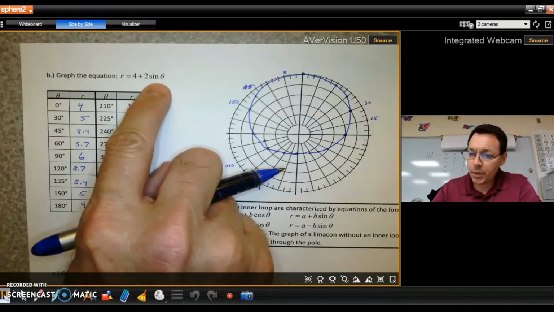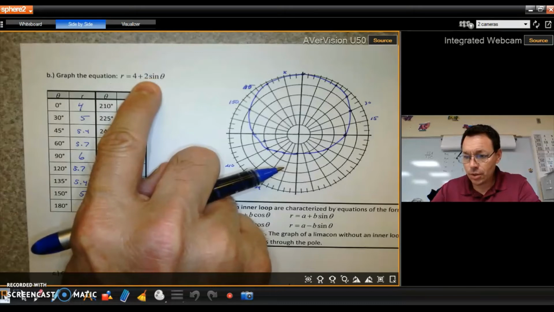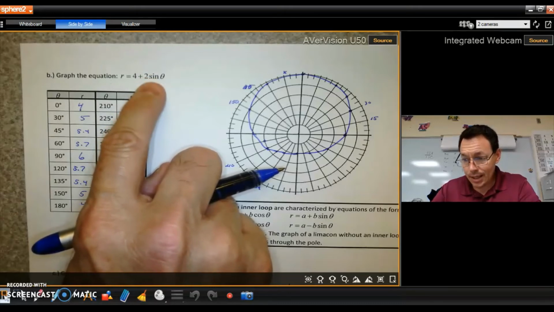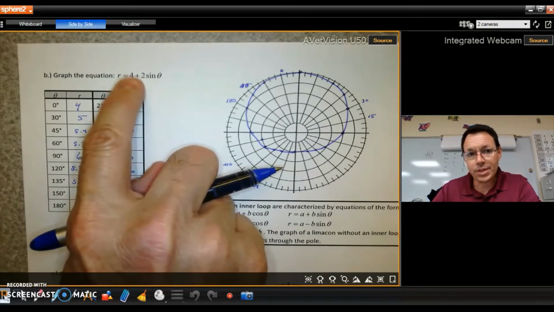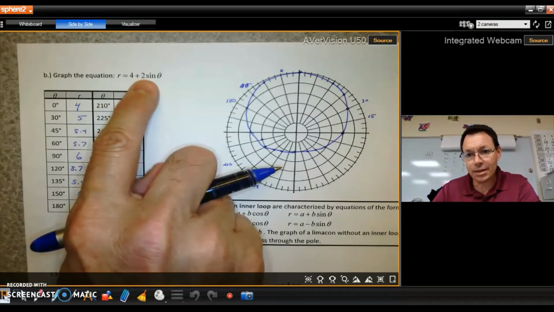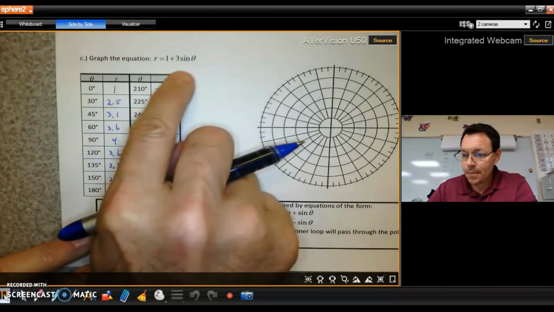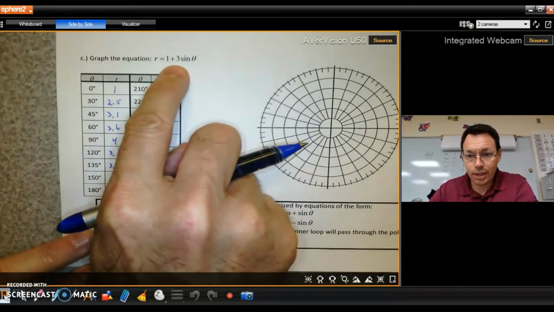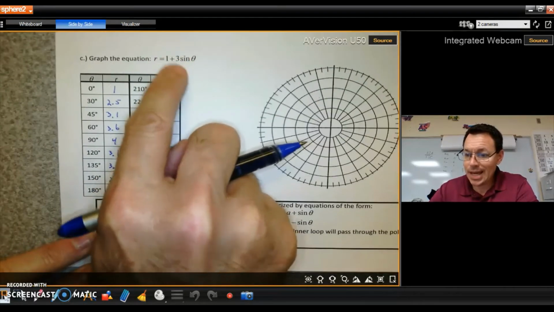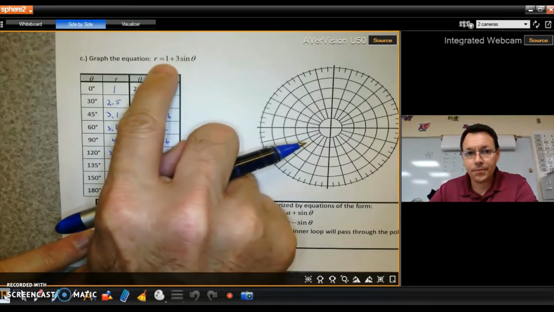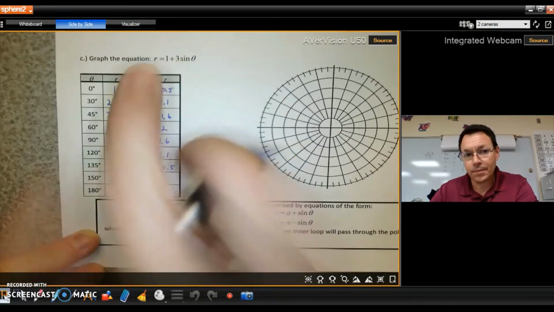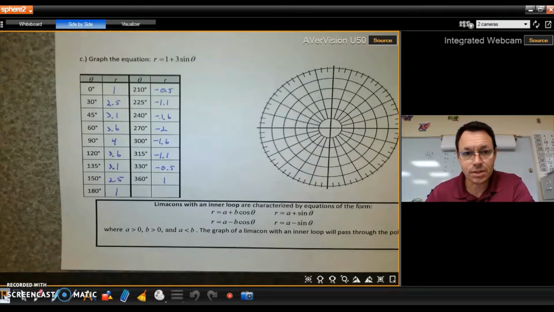So when we took that negative number, multiplied it by 2, we were getting a negative, but it was less than 4. So this bigger number was kind of canceling out that negative, and we never saw it. On this one, that negative number is getting multiplied by 3. So this is going to end up being a bigger negative number than this one that's out front, and that's why we're seeing the negatives this time.